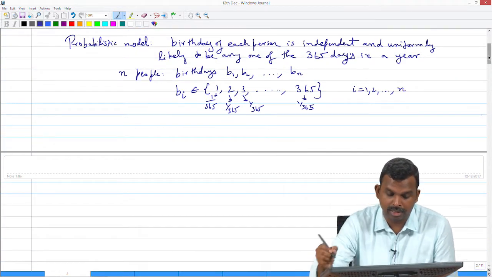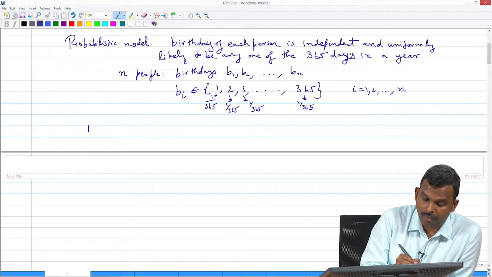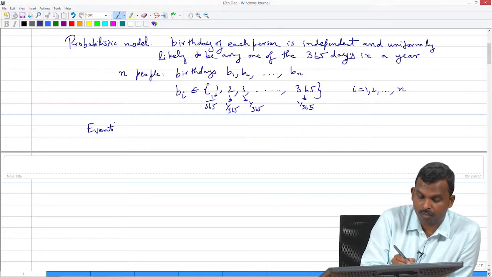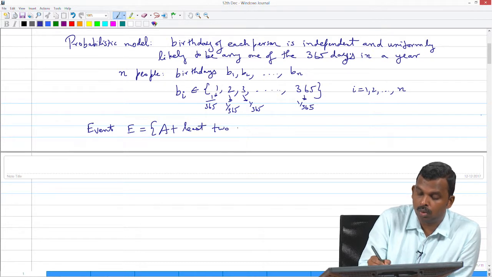So, what is the event I am interested in? The event I am interested in is the event E, which is at least 2 of the birthdays are the same.